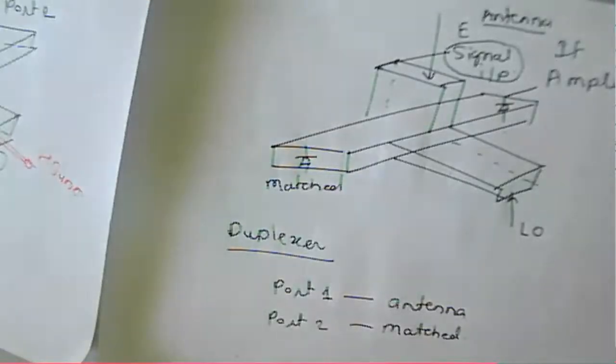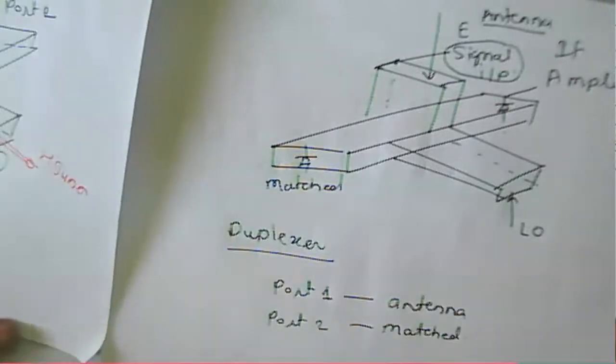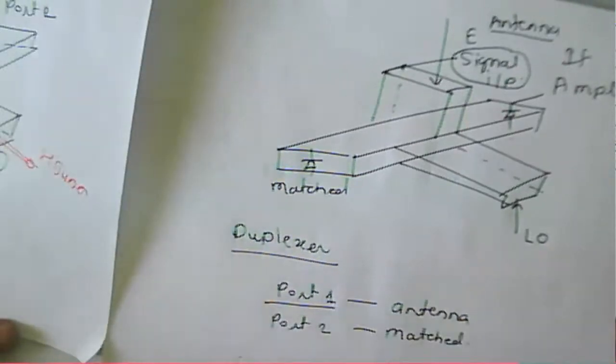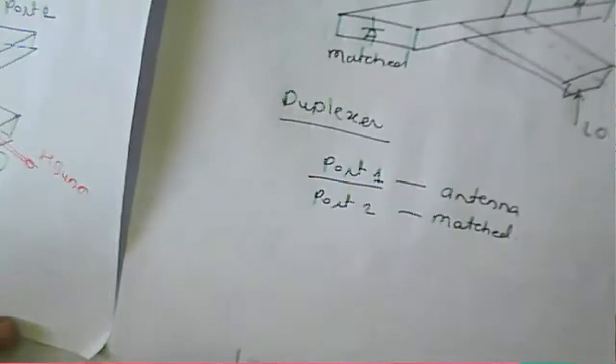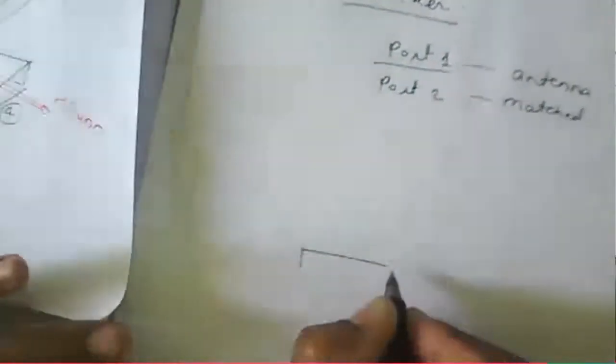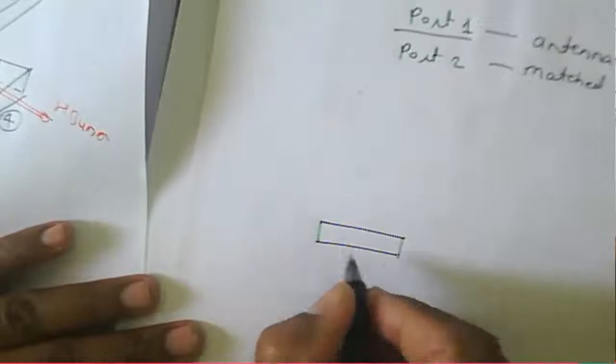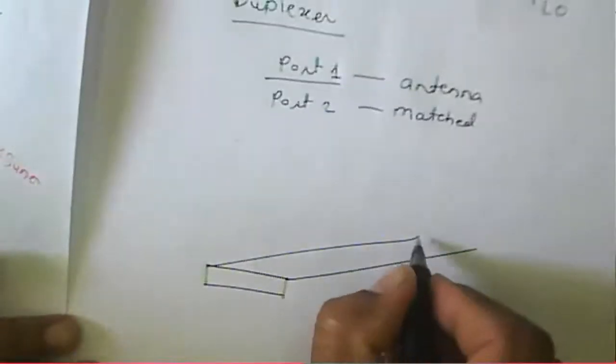So what happened here, port 1 is the antenna, means we consider this is your waveguide again.